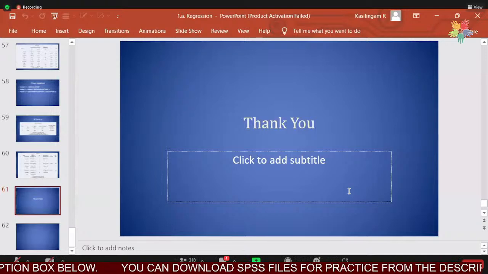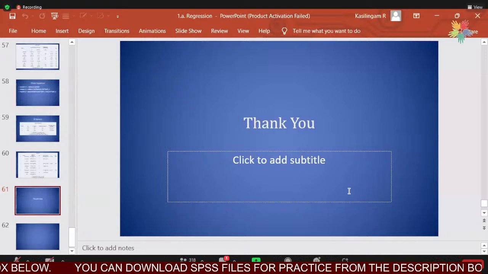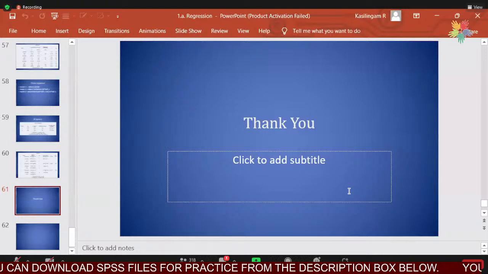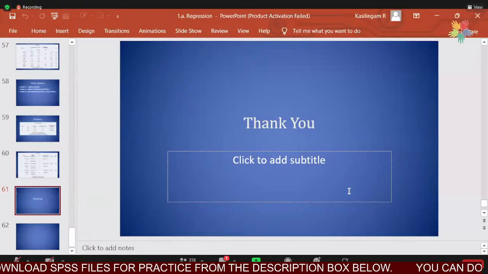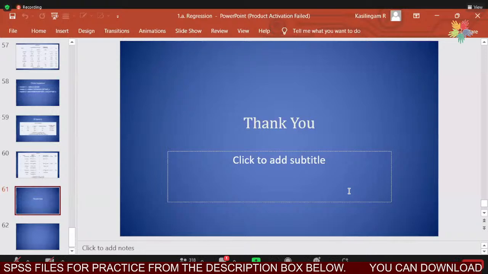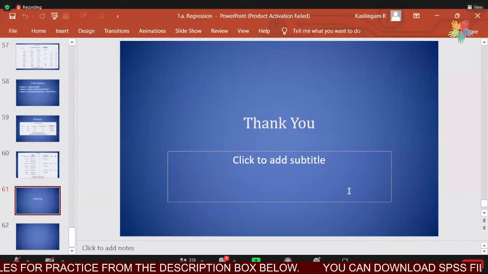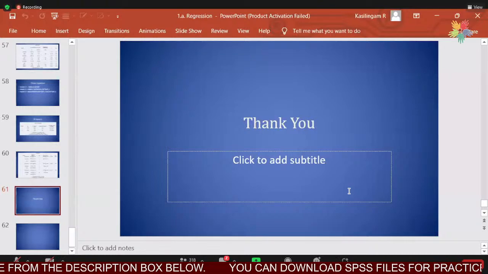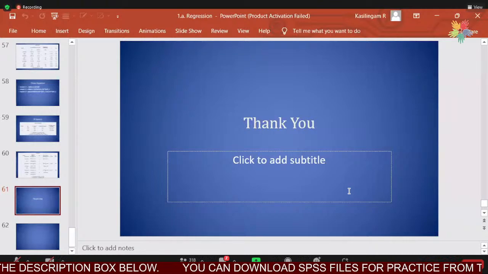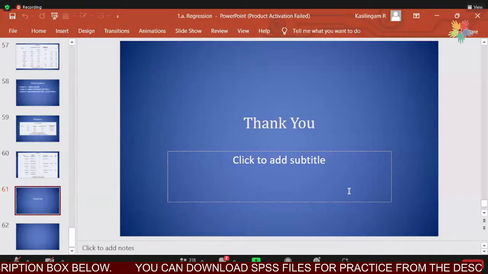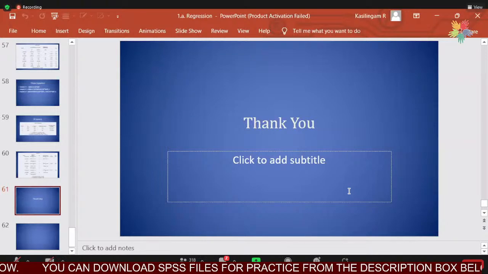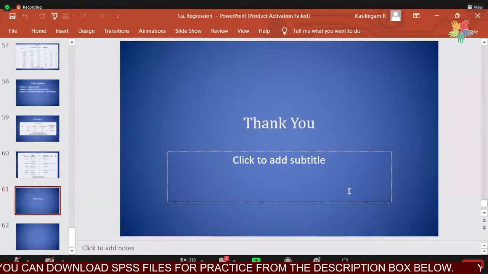Only then will you get the estimated value. Because we write the equation with the unstandardized beta, we predict the values of y with the help of x, so a definitely should be there. But if you do not want a, you can run without intercept also. Then you will get the beta.